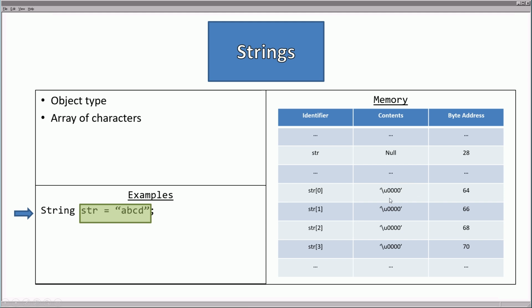The string's default value is this string version of null, but once we assign each of these individually, it becomes ABCD. However, if you notice, the identifier still says null, because the last step after we have created that instance of a string is now we assign str the value of the byte address. And the way you could think about this is str simply points to the contents of the string somewhere in memory.